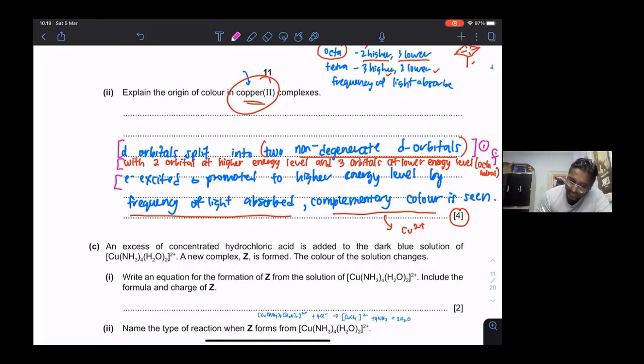Frequency of light is absorbed, 1 mark, complementary color is seen, 1 mark. So overall you can see 5 marks, maybe any 4 from these 5 points or something like that. So be careful when you answer these kind of questions in future.